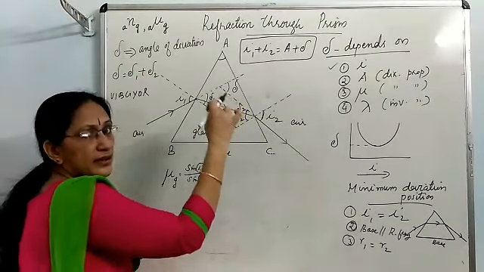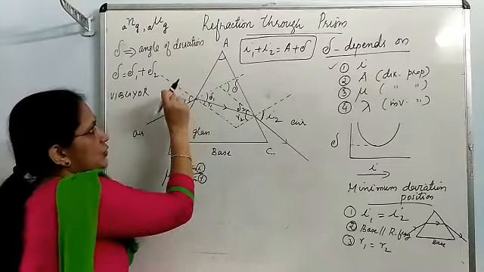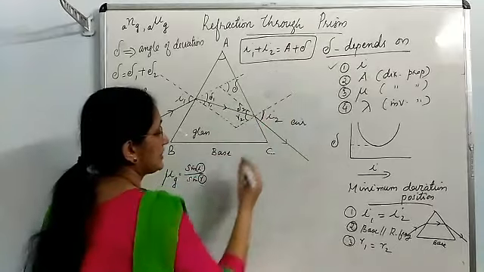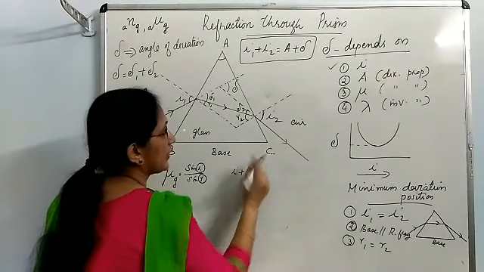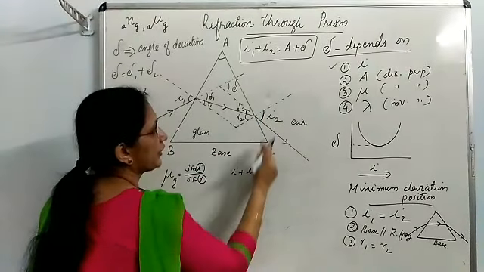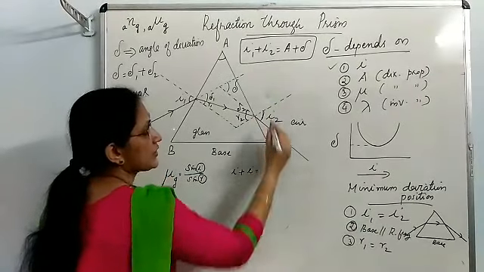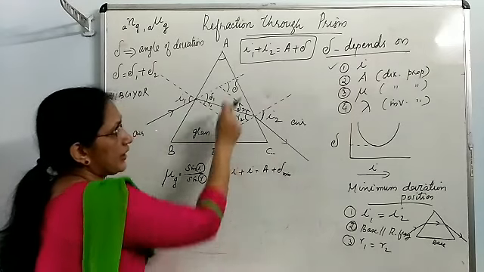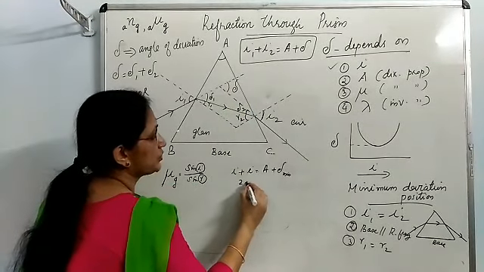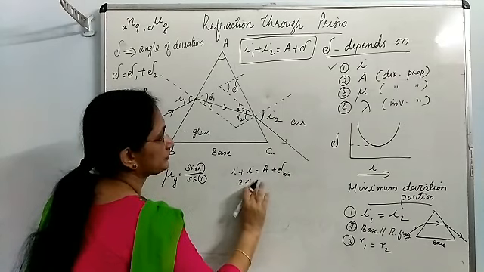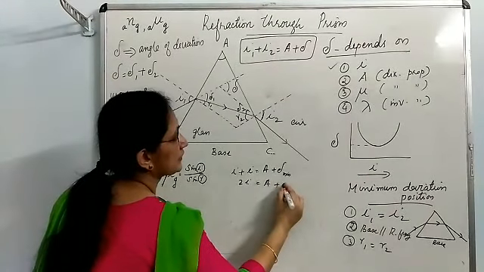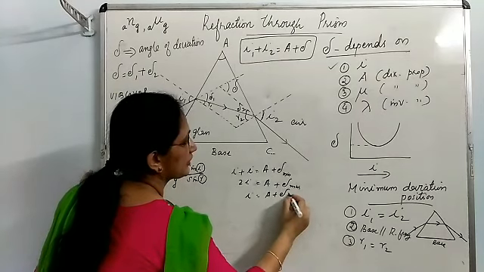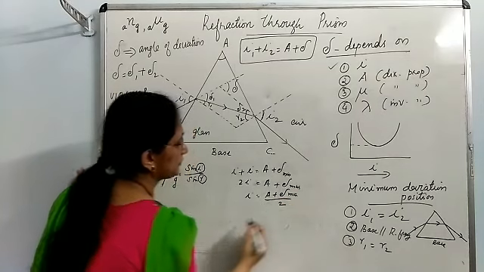So I plus I is equal to A plus delta, delta meaning delta minimum, the angle of minimum deviation. So 2I is equal to A plus delta minimum. So I is equal to (A plus delta minimum) by 2.